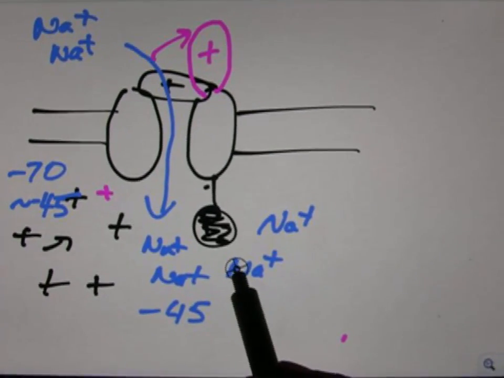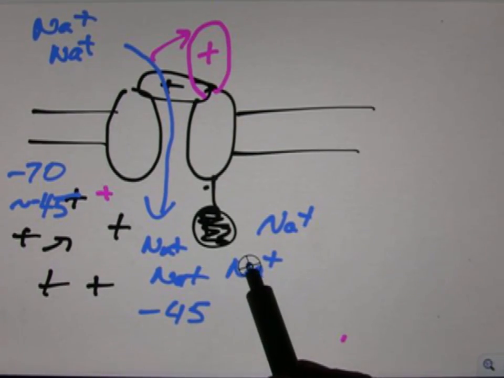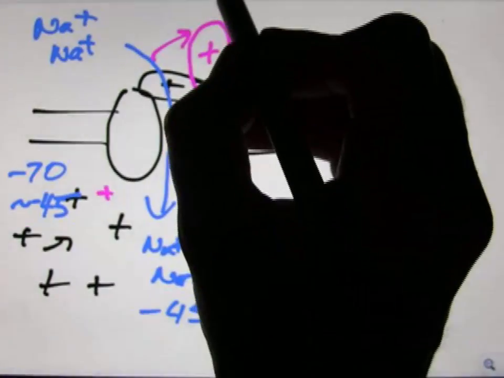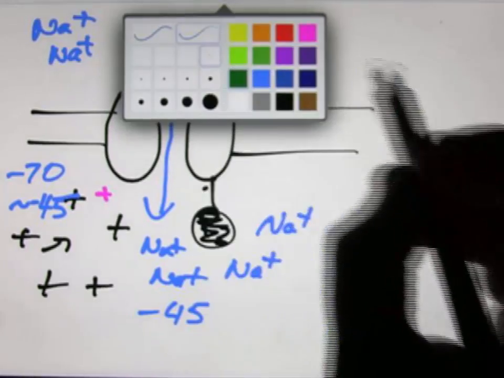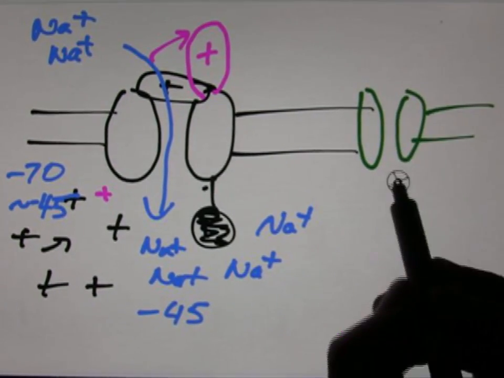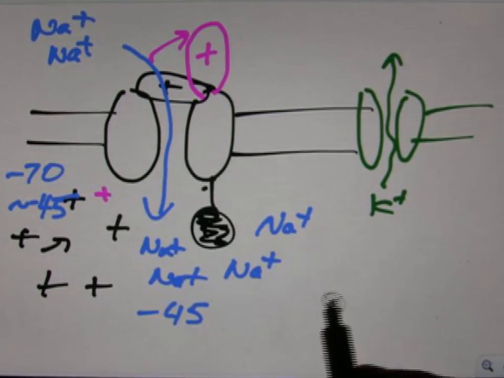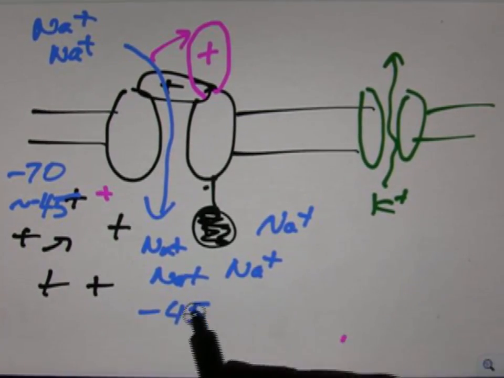That would continue and could continue until the membrane potential reached about plus 50, except remember that going on in the background, there are always some potassium leak channels open. So we don't quite get to plus 50.